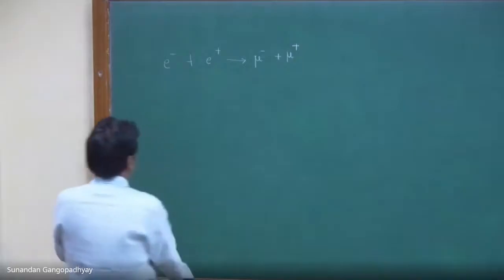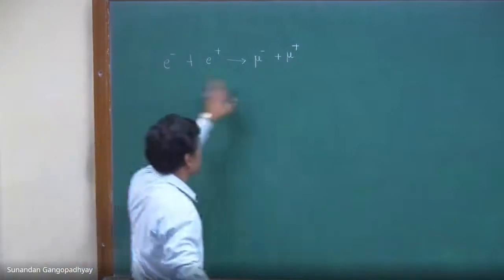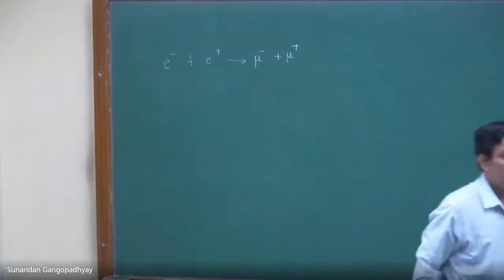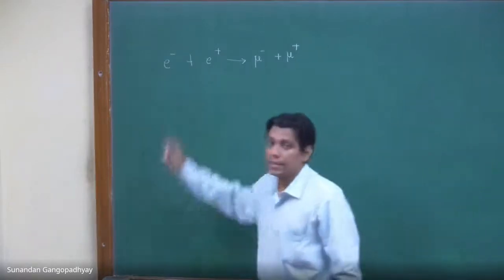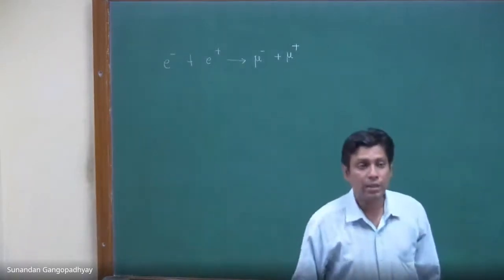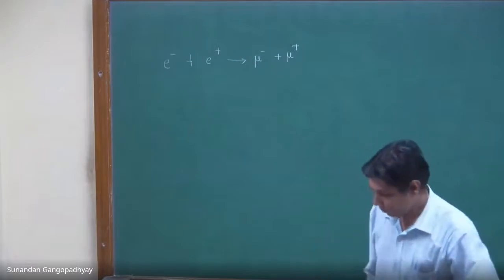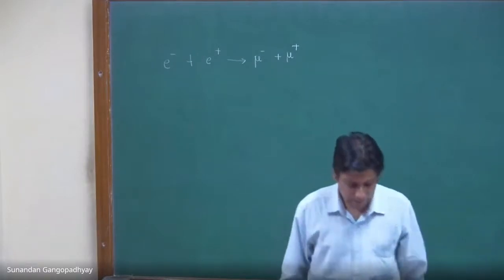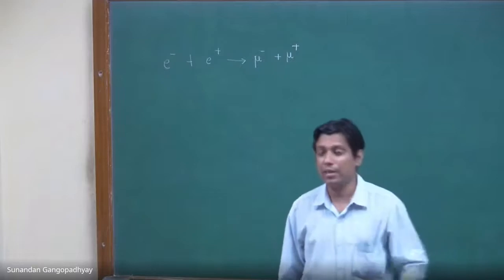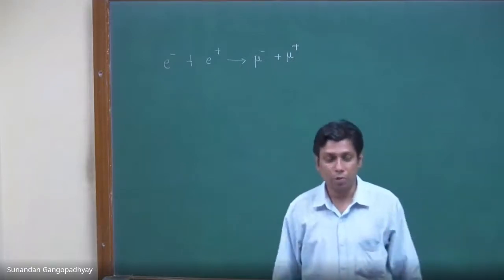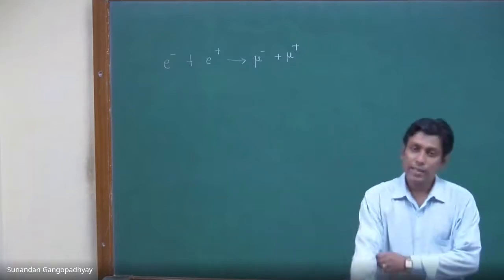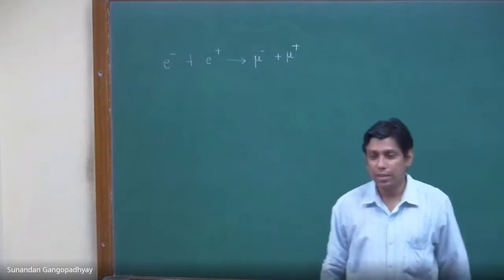Good. So let us discuss this particular process today. And why am I discussing this particular process today? The reason is that this is an example of an inelastic scattering. The process that I discussed in the previous lecture was the Compton scattering, which is the scattering of an electron and a photon. That scattering is an example of an elastic scattering.